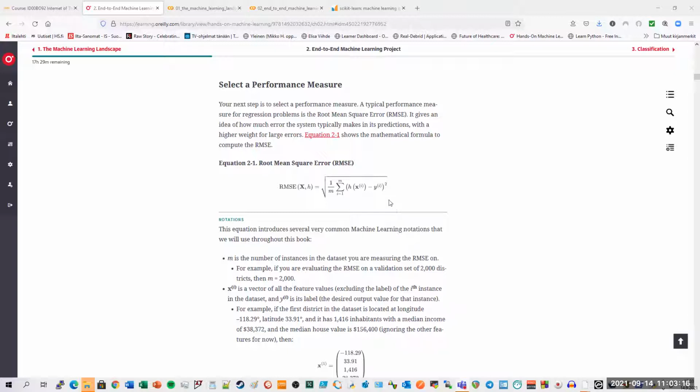So you take this y, which is one data point, and this h(x) is the value of a function at this point x.